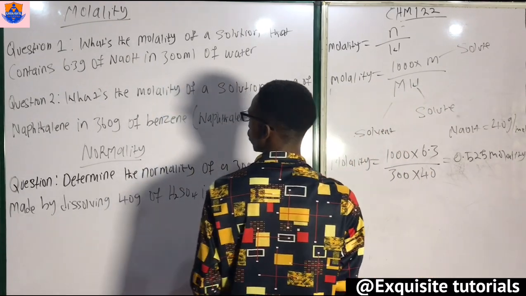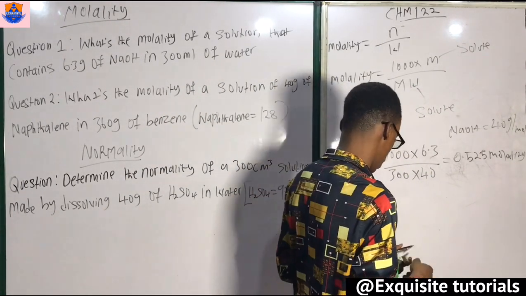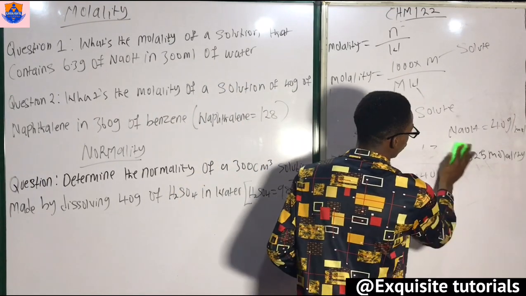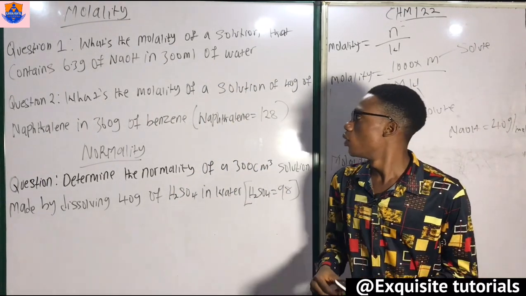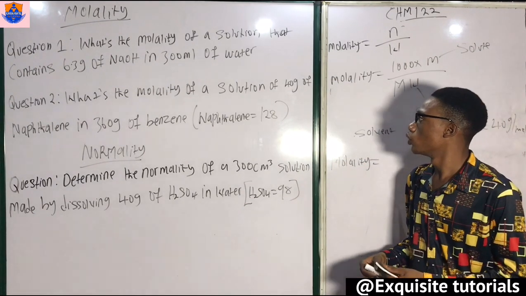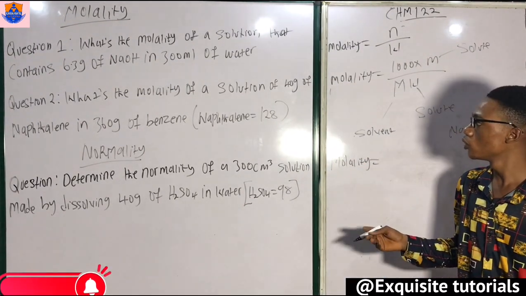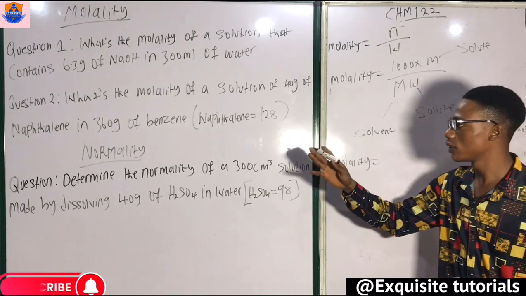Now this is all for question 1. Let's take a look at question 2. Question 2 says what is the molality of a solution of 40 grams of naphthalene?